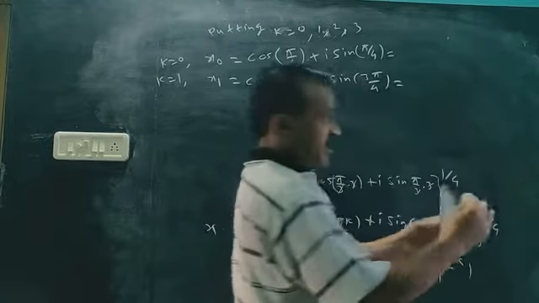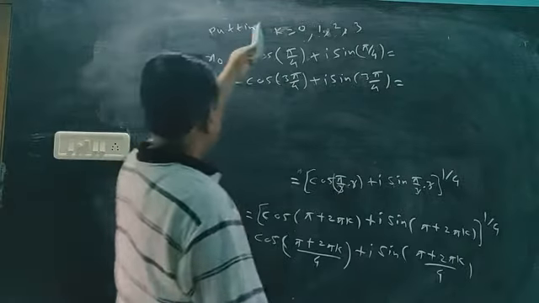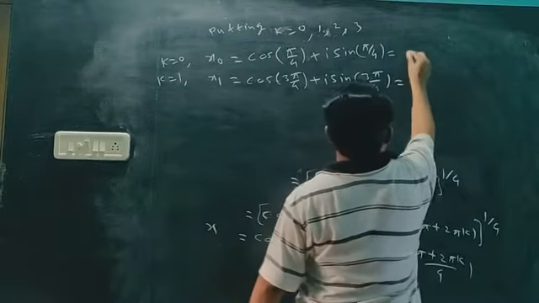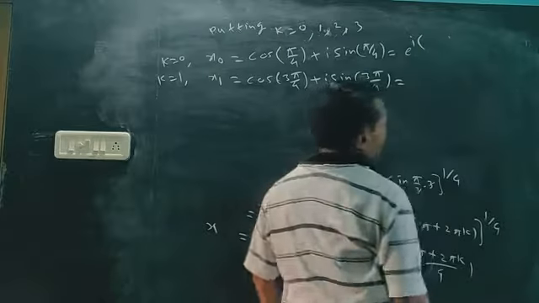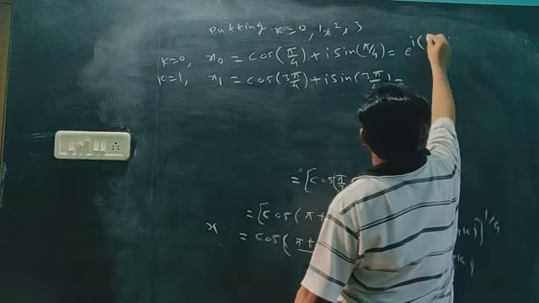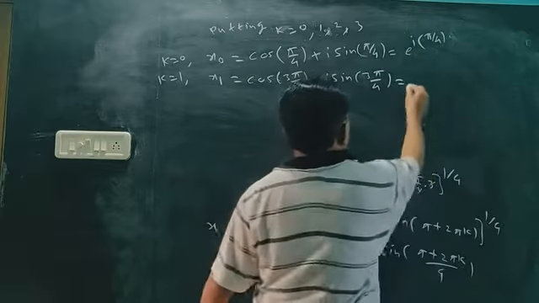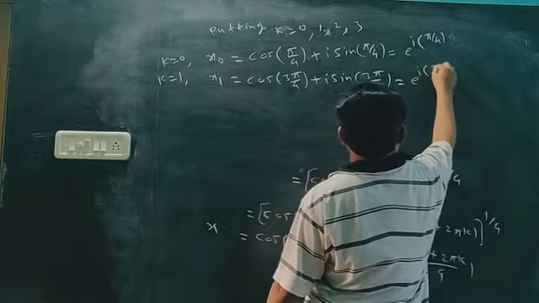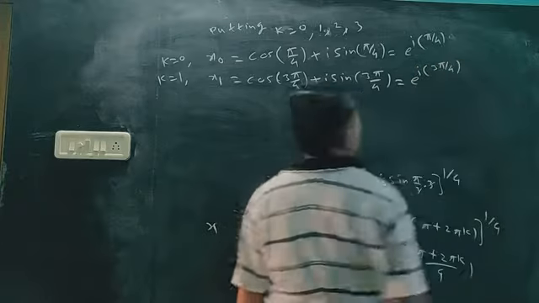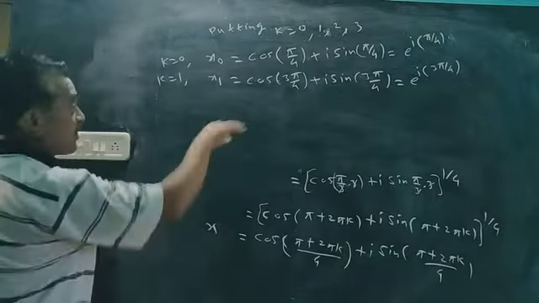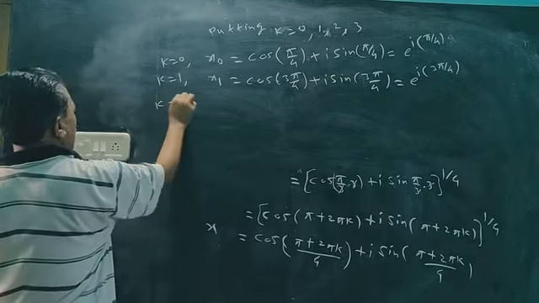I want the product, so I want it simplified. The best way to find the product is this: it is the same as e raised to power i pi by 4, and this is e raised to power i 3 pi by 4, because the product you can easily find out.